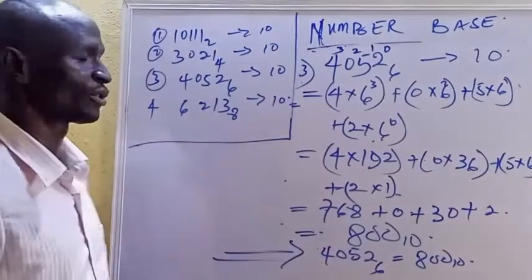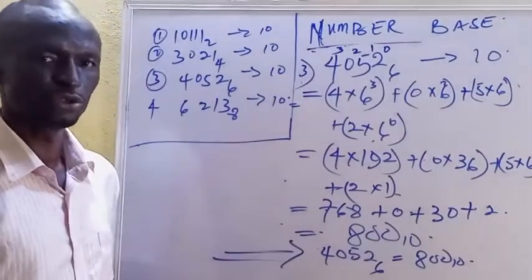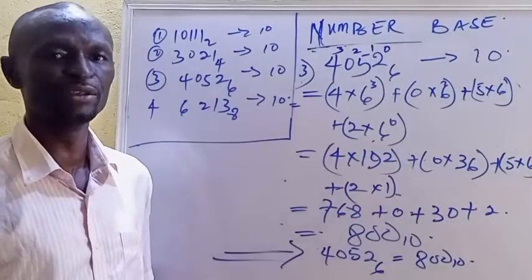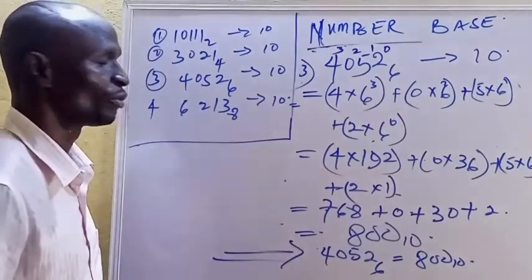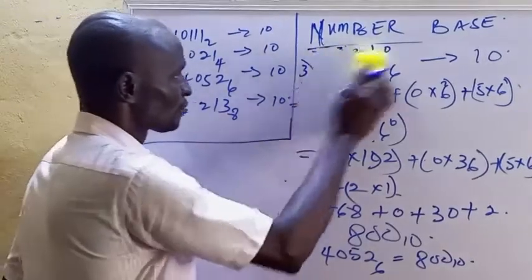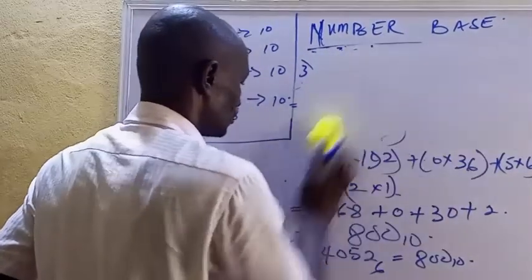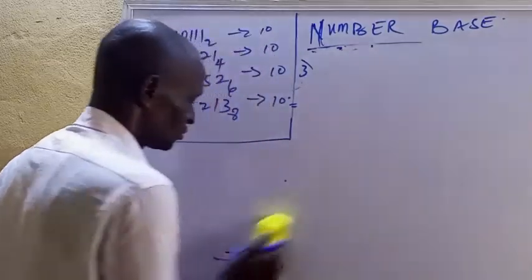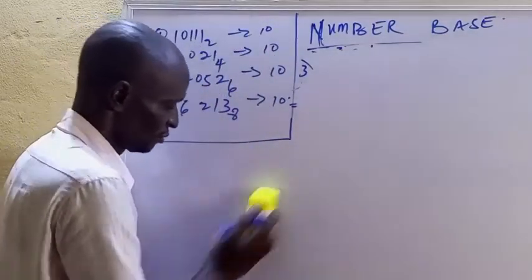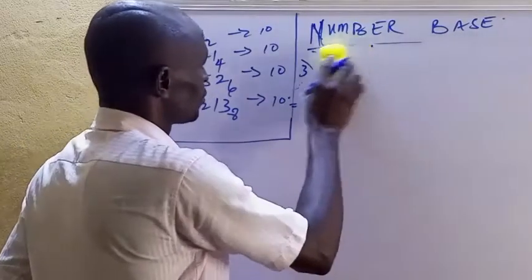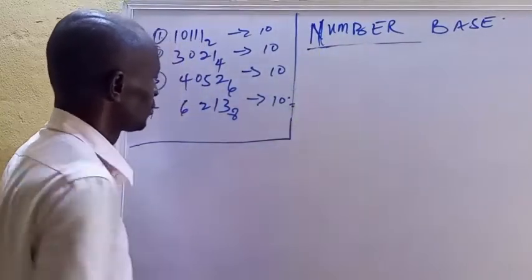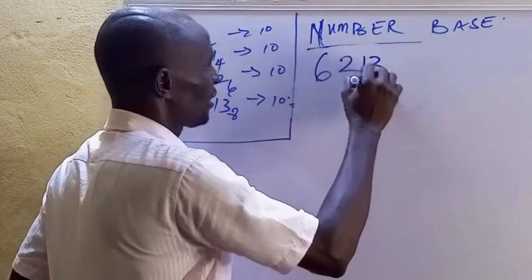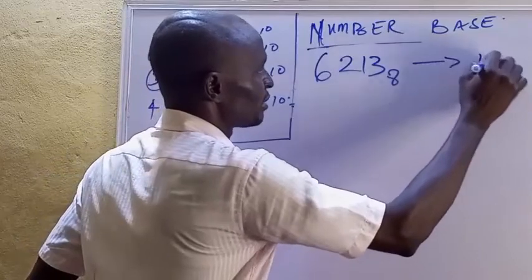Now let's take the last question, after which I believe you understand how to convert from other bases in number base system to base 10. We're converting 6213 base 8 to base 10.